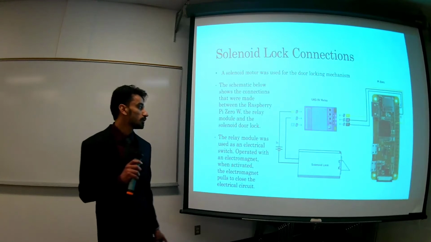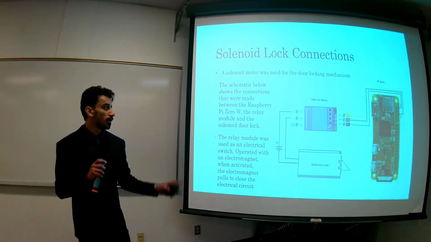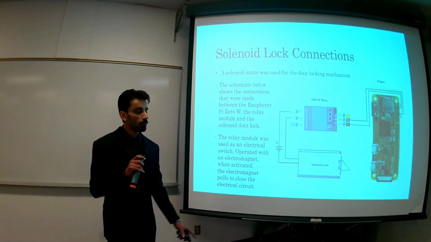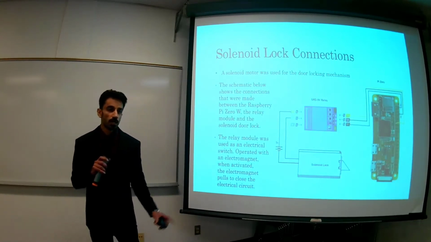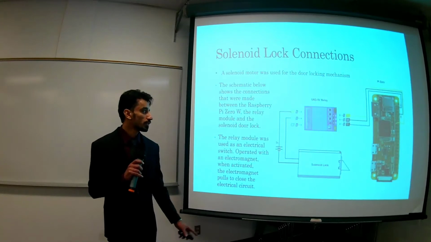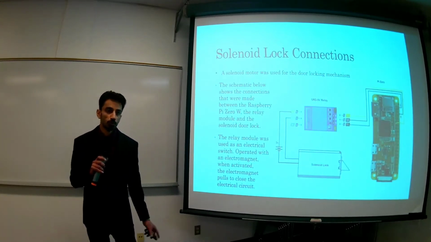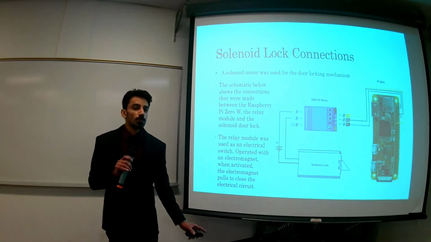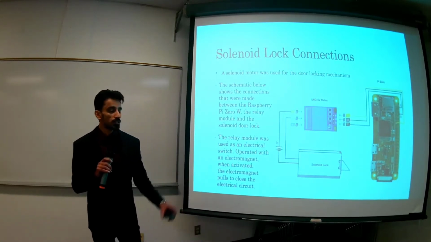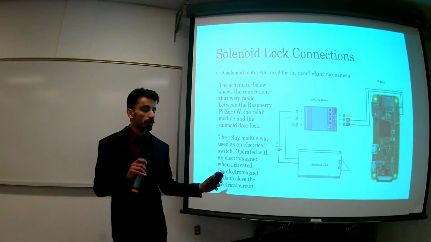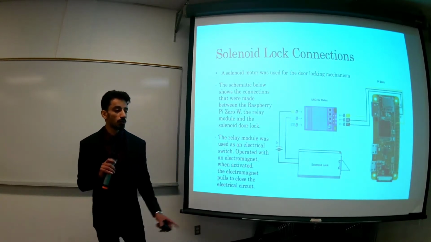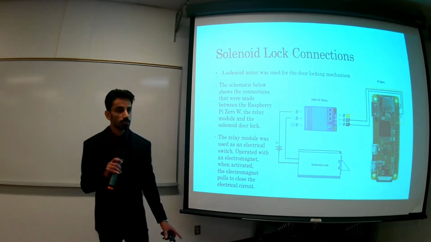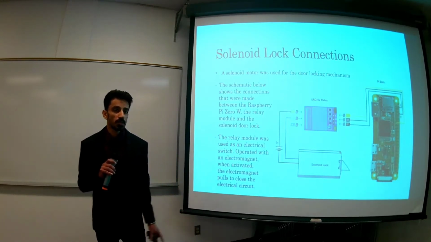The solenoid is connected to the relay, and the relay is connected to the Pi. So when we send a high signal to the relay, it will be switched from normally open to normally closed. So when the circuit is closed, the solenoid will unlock the door, and when we send a low signal, it's going to open the circuit to lock the door.